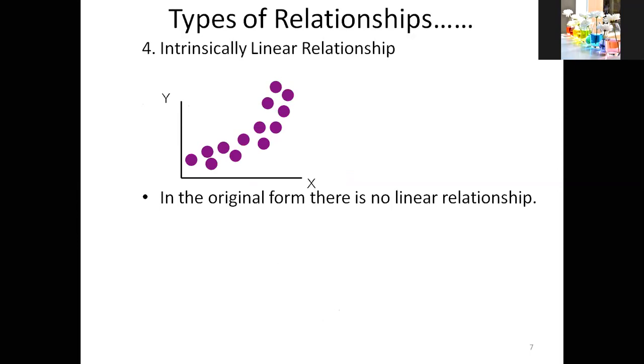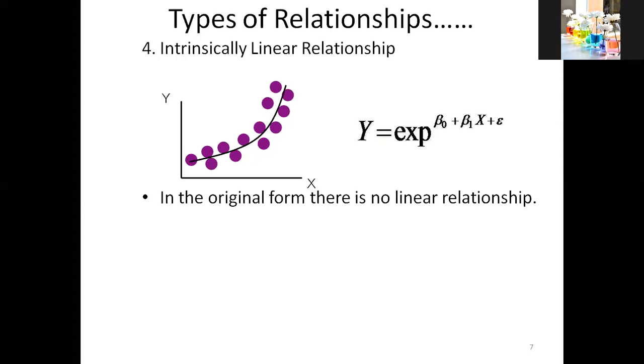In the original form, there is no linear relationship. That is how it looks. But look at this equation, y equals exp of beta naught plus beta 1 x plus e, right?